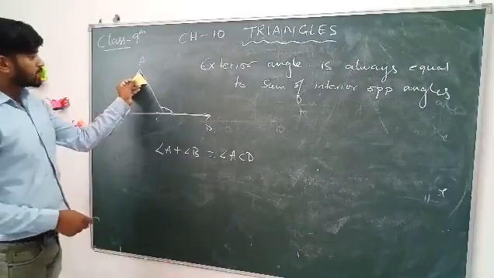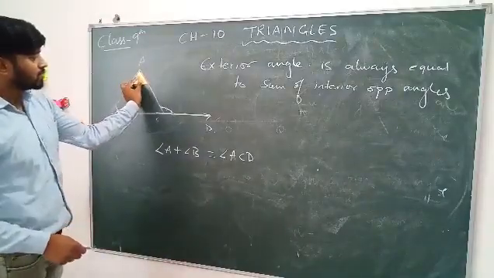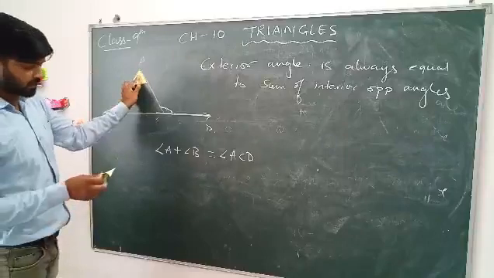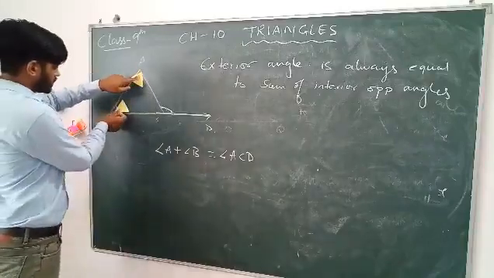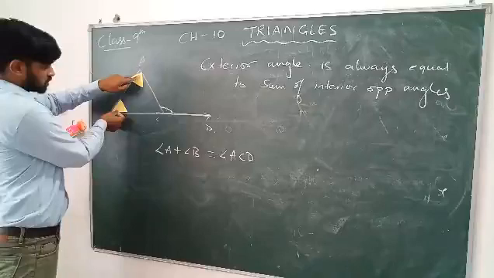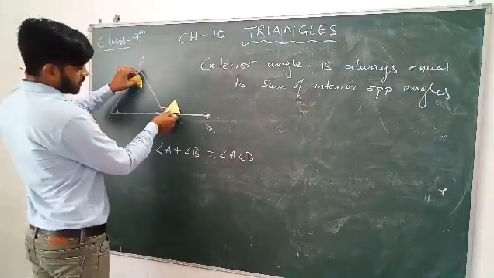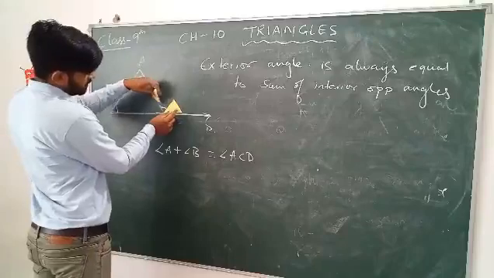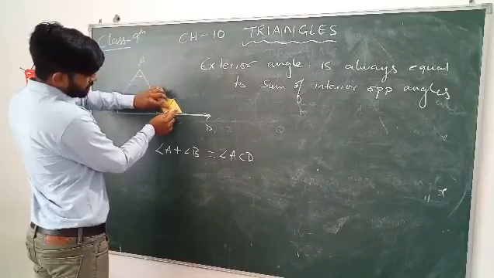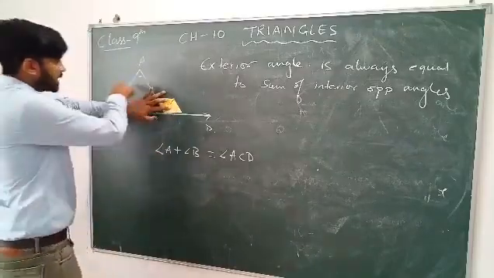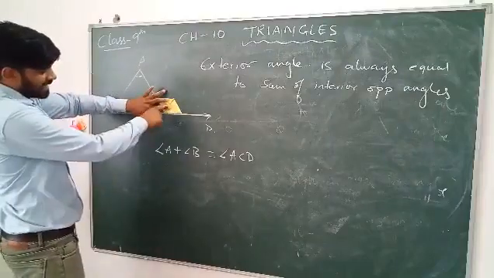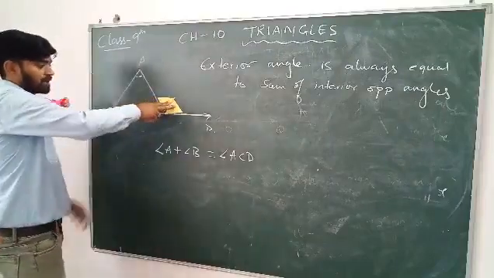Let's take angle A. This was angle A, right? This is exactly fitting over here. So I'm putting this in place of angle A. And this was angle B, right? So I'll take angle A and angle B and I'll place them over here in the exterior angle. You'll be amazed to see that these two angles are exactly fitting over here in the exterior angle.